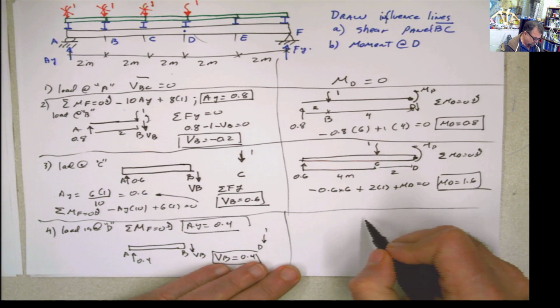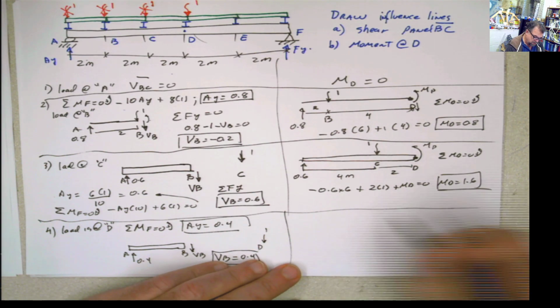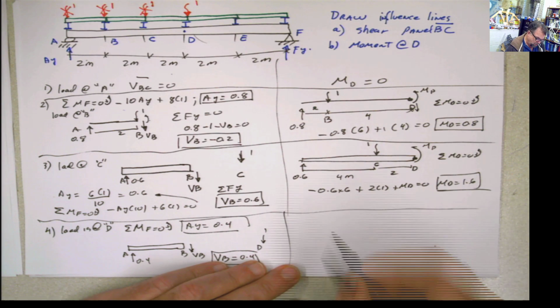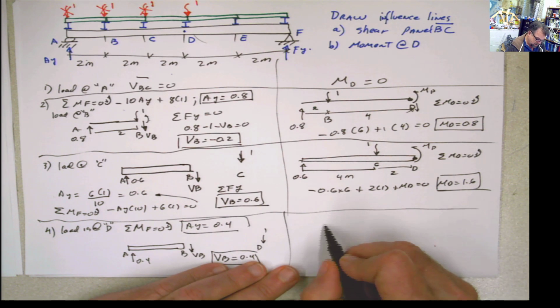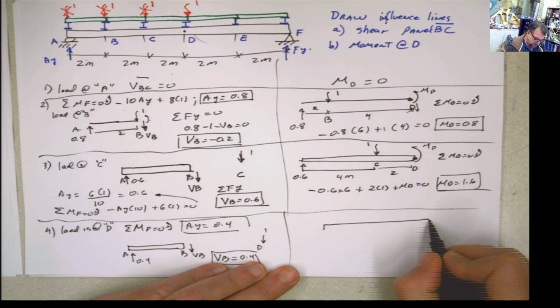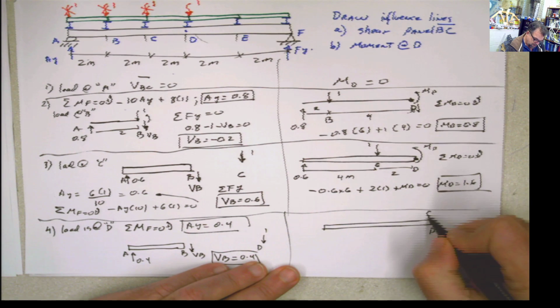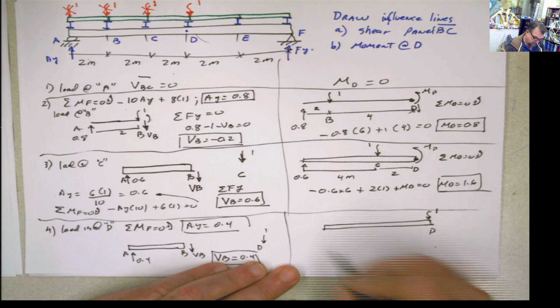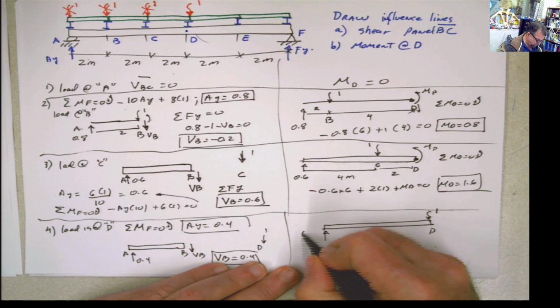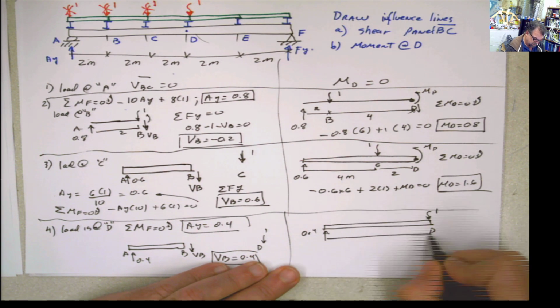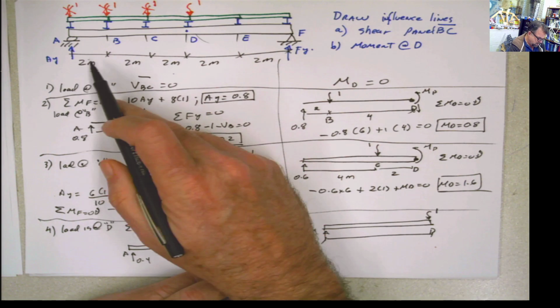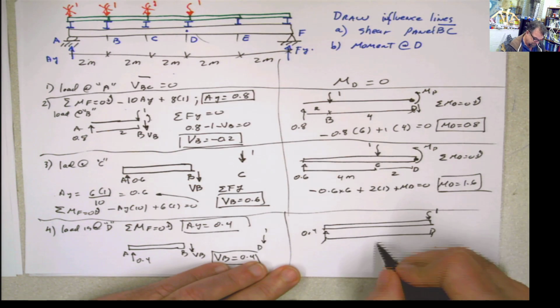Now, when doing the moment, let's see what happened. Now, the load is at D, and I want to calculate the moment at D. So this is the point D. The load is at D, right there. The reaction here is 0.4, and this distance from here to here is 2, 4, 6.